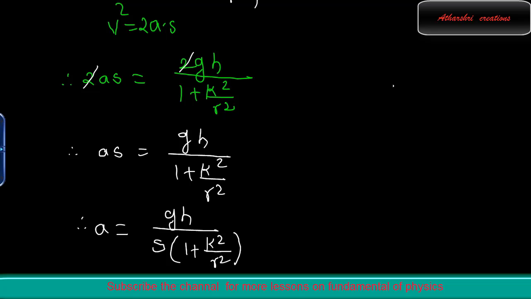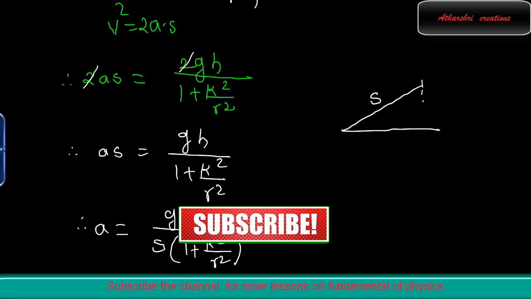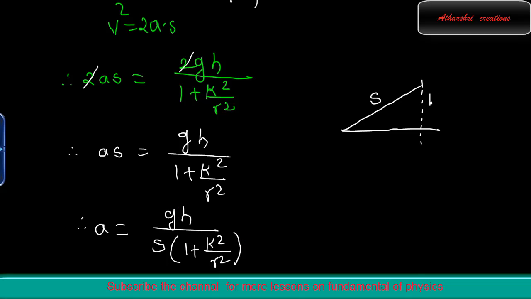Now see the figure again. Our figure is like this. This is the inclined plane. The total distance covered is s. Total height of the body initially is equal to h. The angle is theta. Now from this right angle triangle we can find sine theta equal to h divided by s. Now substitute this value of sine theta, that is h divided by s.